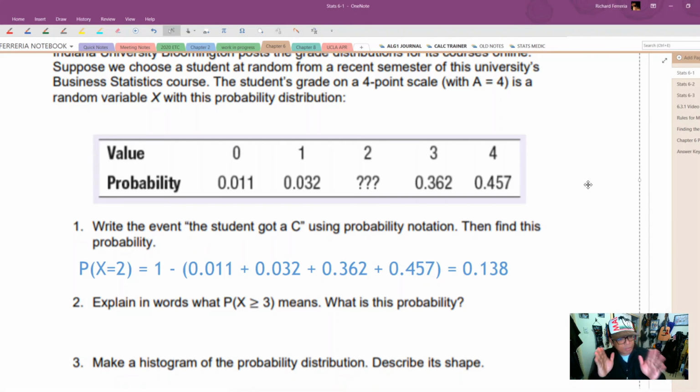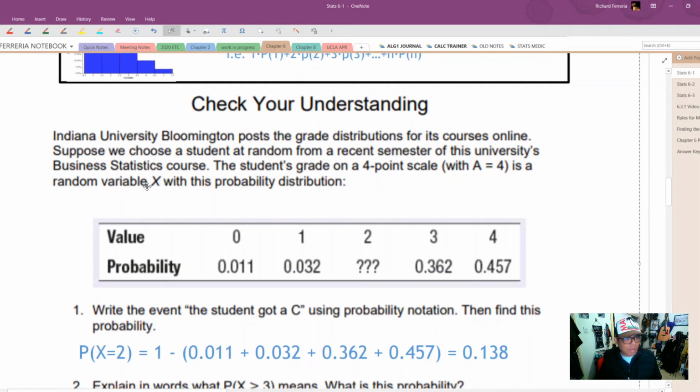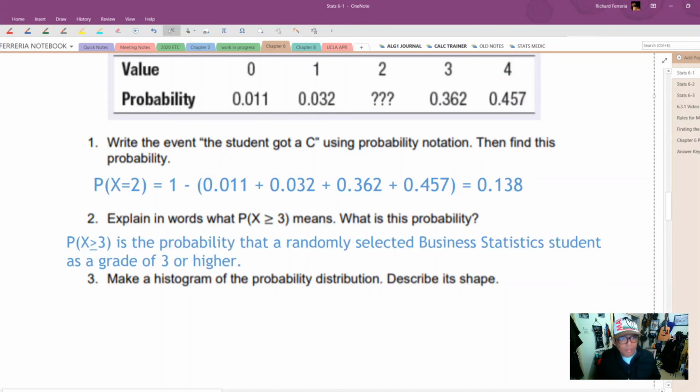Explain in words what x greater than or equal to 3 means and find that probability. First thing is, what is x? A student's grade in business statistics. The probability that x is greater than or equal to 3 is the probability that a randomly selected business statistics student has a grade of 3 or higher.